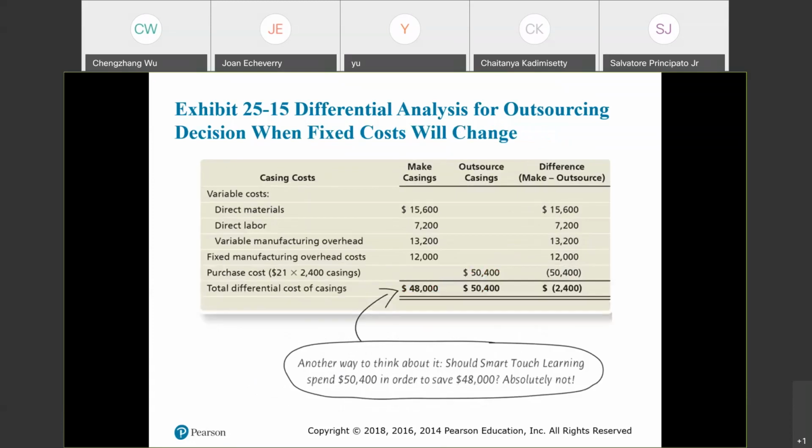Okay, first, let's assume Smart Touch Learning cannot avoid any of the fixed costs by outsourcing. So in this case, the company's fixed costs are irrelevant to the decision because the company would continue to incur 19,200 fixed cost.